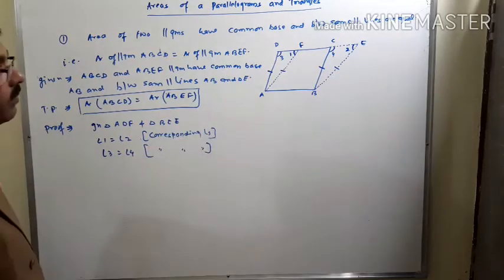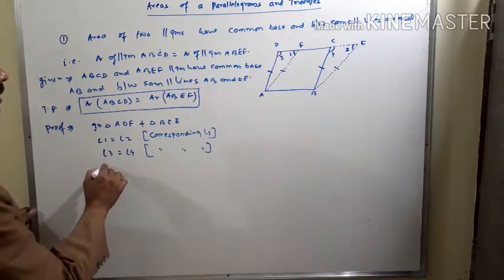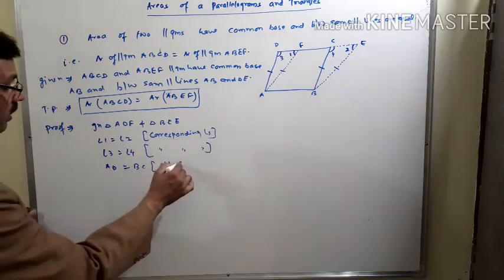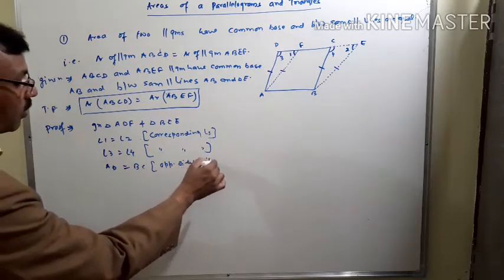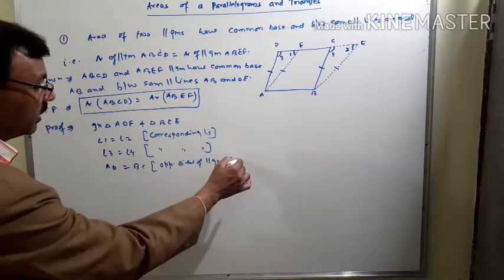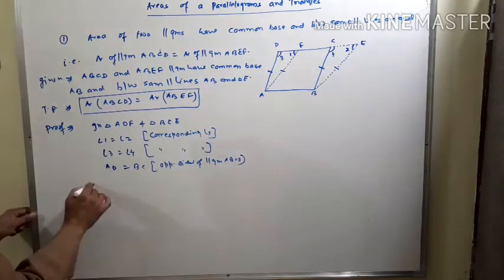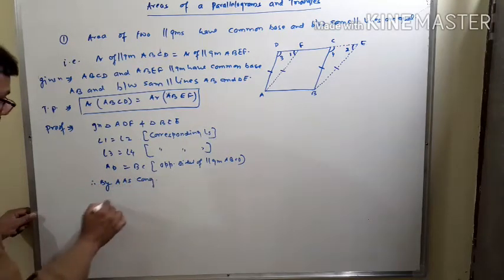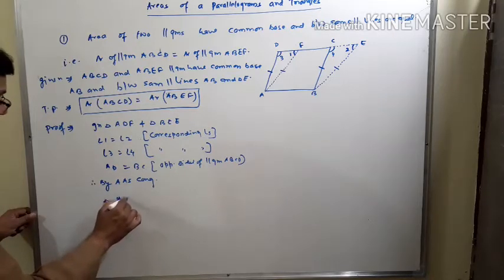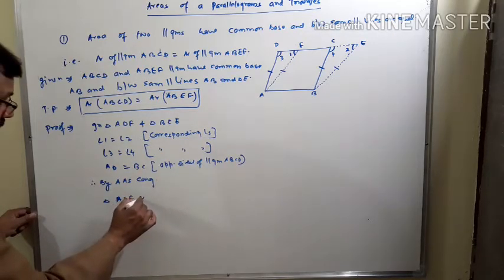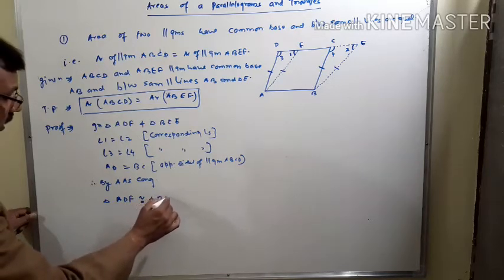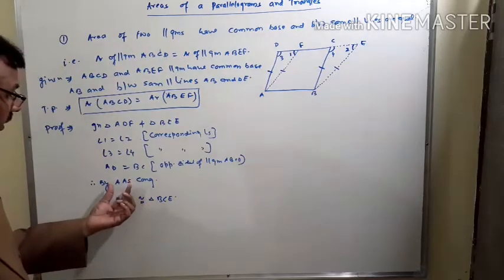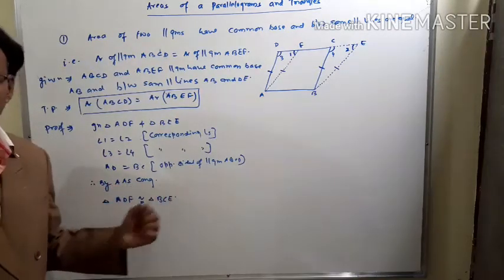And AD equals BC, opposite sides of parallelogram ABCD. Therefore, by AAS congruency, triangle ADF is congruent to triangle BCE. Both triangles are congruent under the criterion of AAS.